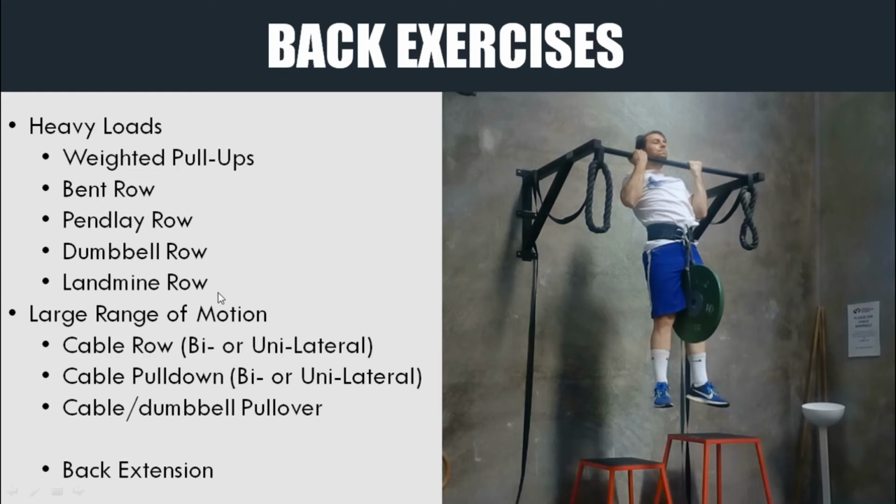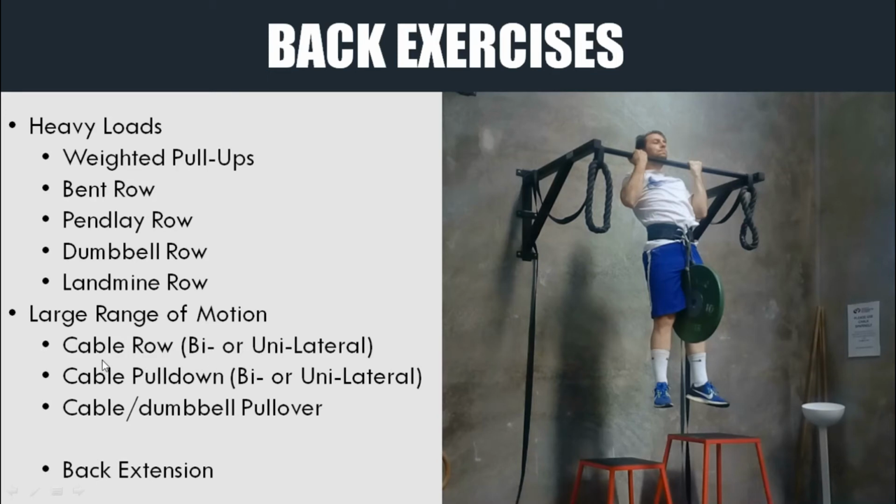perform a row. And then we have the accessory exercises that are going to be loaded slightly less but also have greater range of motion, which has benefits. So we can have any sort of cable row, and that can be unilateral or bilateral. So one arm, we can do that single arm or with both arms.